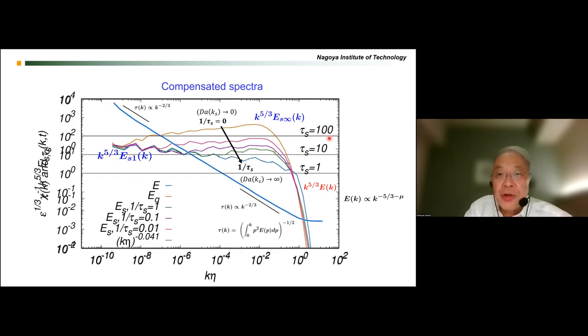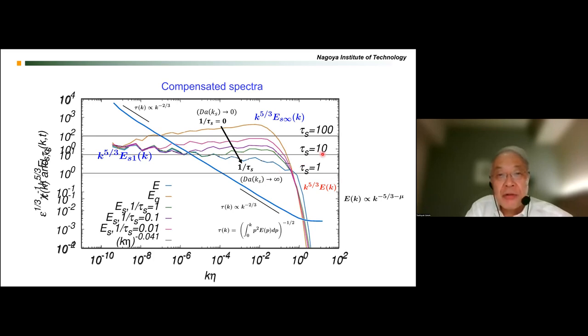For example, we draw the line of tau s equal 100, and this line crosses the characteristic turbulence time tau k at this wave number. Okay, at this point, this line tends to leave the energy spectra.